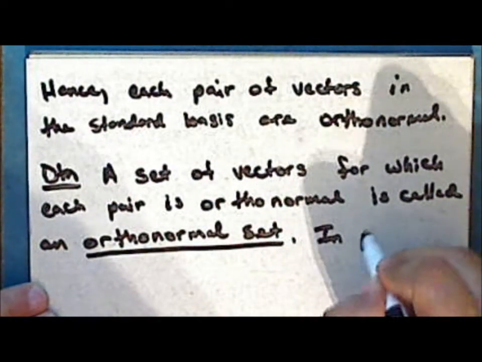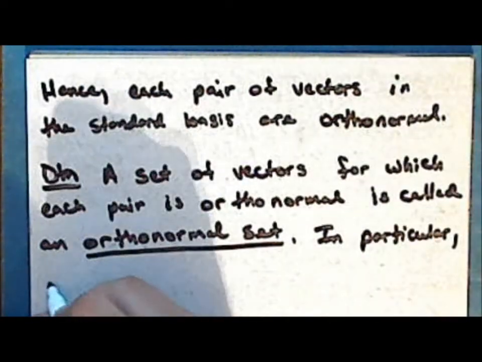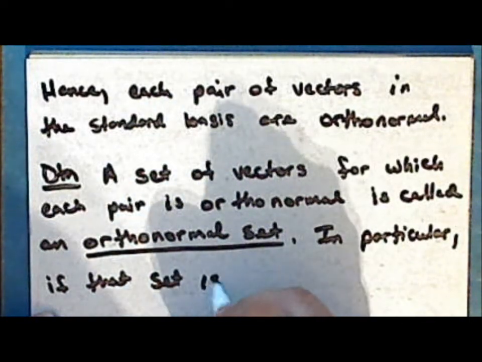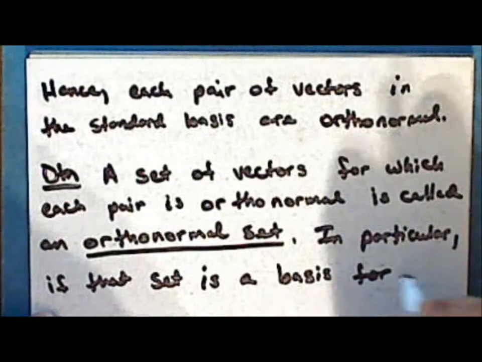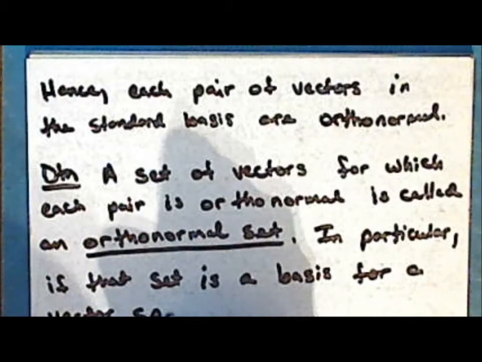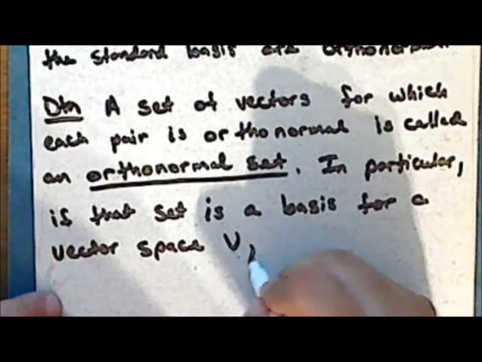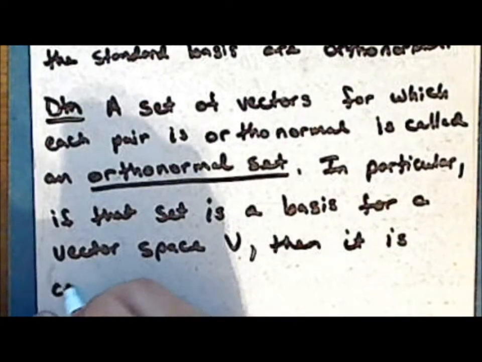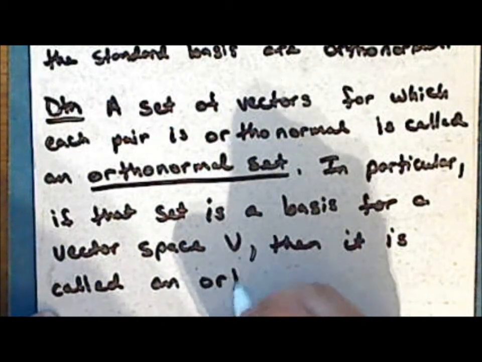In particular, if that set is a basis for a vector space, then it is called an orthonormal basis.